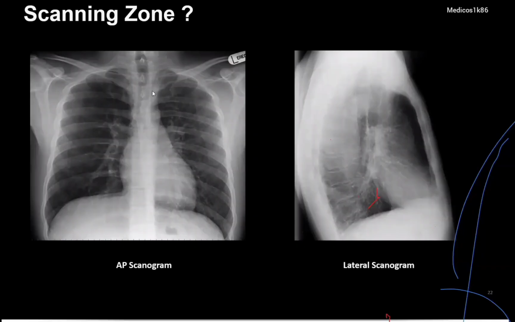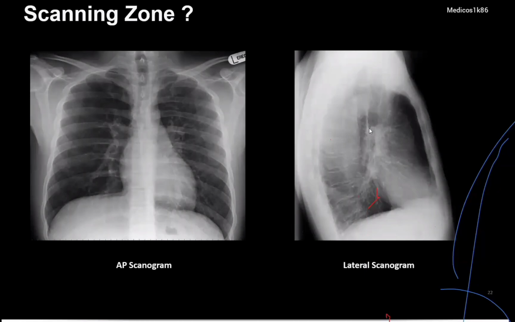When you have these images, you can see my mouse most probably. And here the heart is in the middle, a little bit oblique on the left side. Everyone knows. But on the lateral, it is also on the front side, okay?